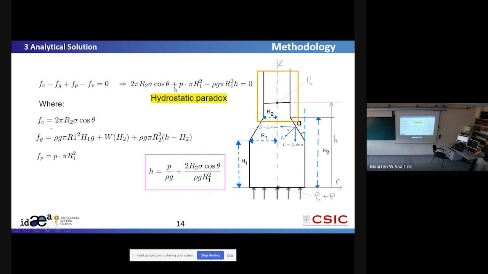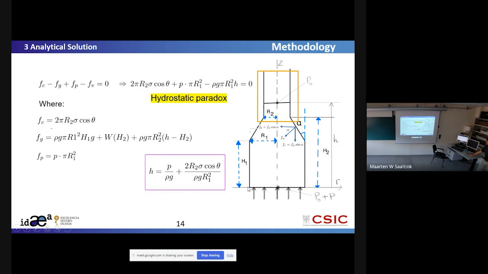If we look closely at each component, we see that the first term is just the capillary force, R2 sigma cos theta. And P pi R1 squared would be the external force that is applied. And this one, pi R1 squared, is for H.